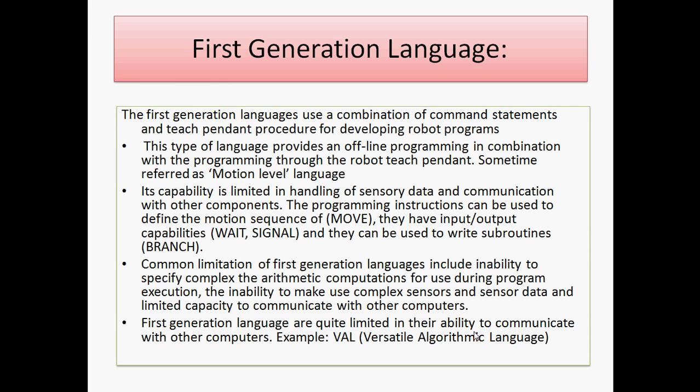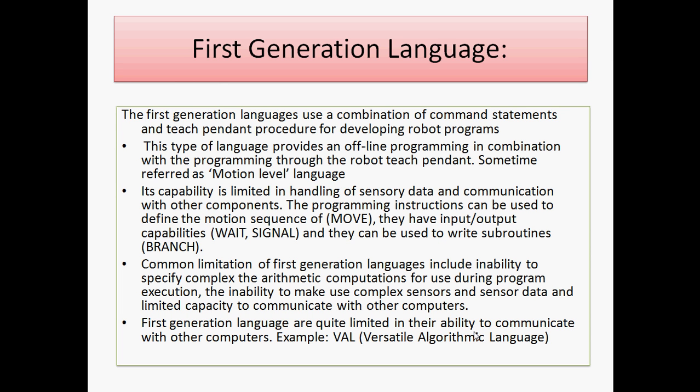Its capability of handling sensory data and communication with other components is limited, and that is why the programming instructions can be used in a defined sequence. So it may be move commands or input output commands, a wait signal, and they can be used to write a subroutine and branches. This is commonly utilized in a first generation language.